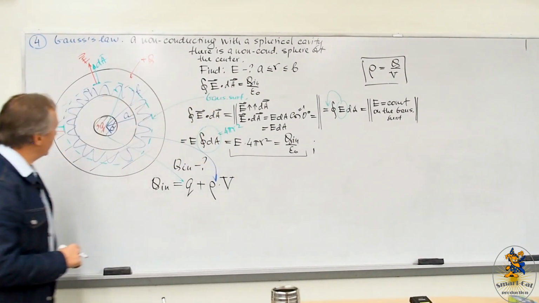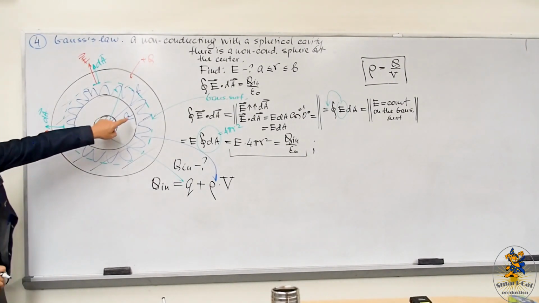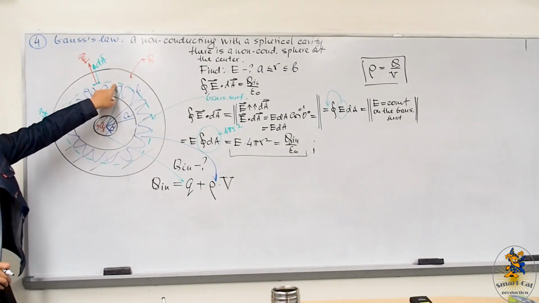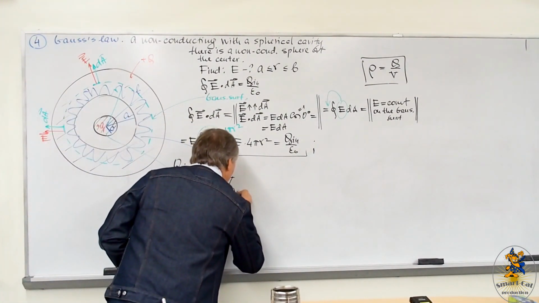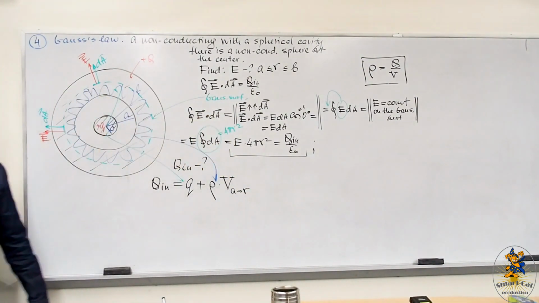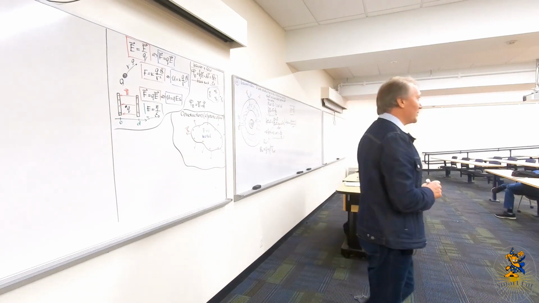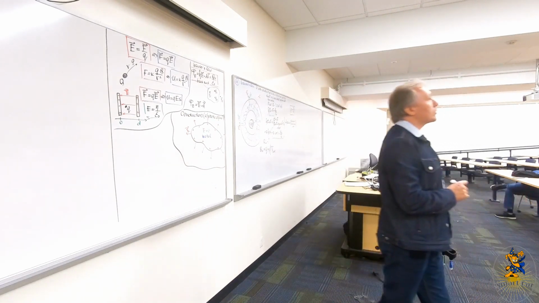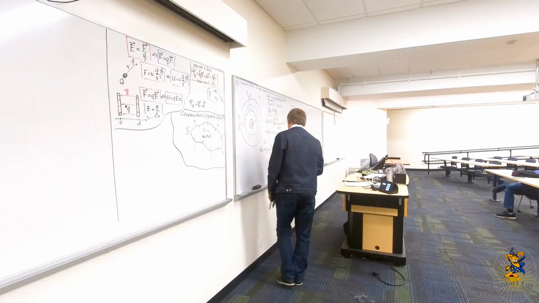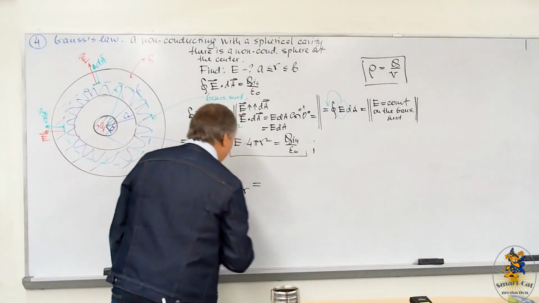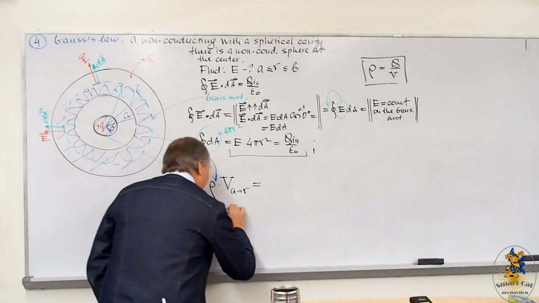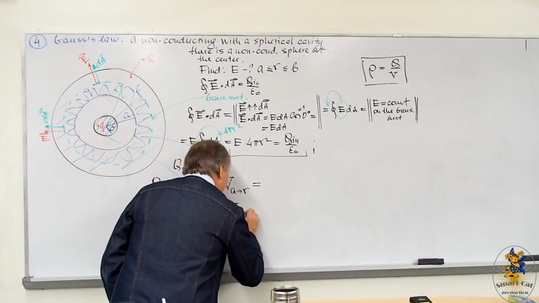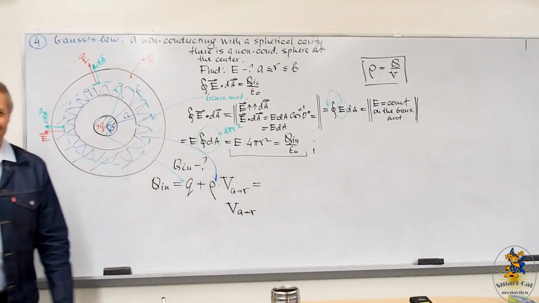And how can I label that volume? It's between a and r small. So let me write something like subscript a, r. So between those spheres with those radii. So how can we find that volume? Now it's geometry.